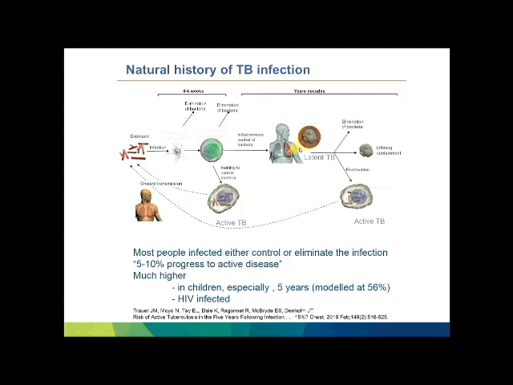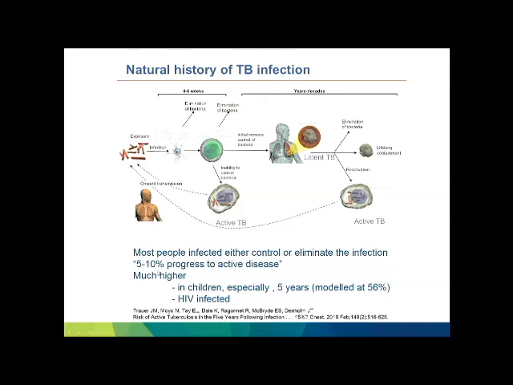Then we don't know whether the body eliminates it or lifelong contains it, but we do know that between 5 to 10% don't deal with it properly and eventually progress to active disease. Now, that progression to active disease is most likely in the first year to 2 years after infection, and particularly in children. It's almost always in the first year.